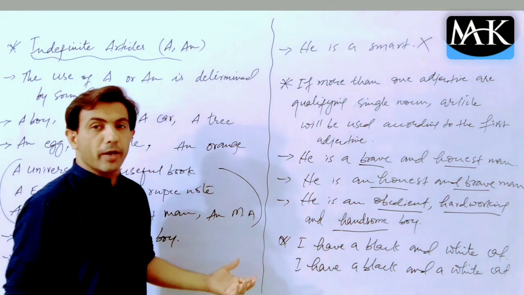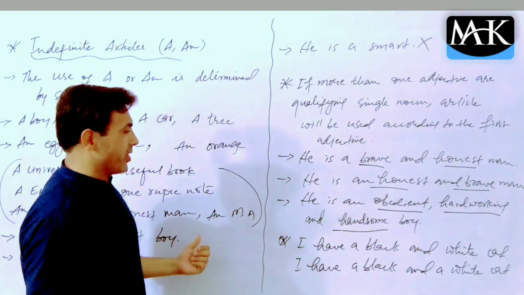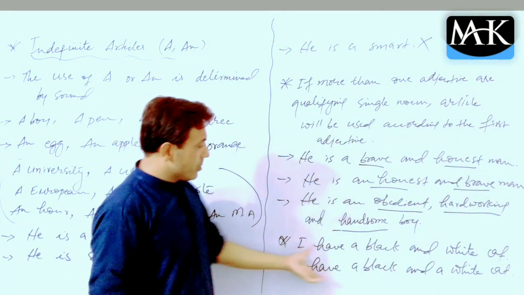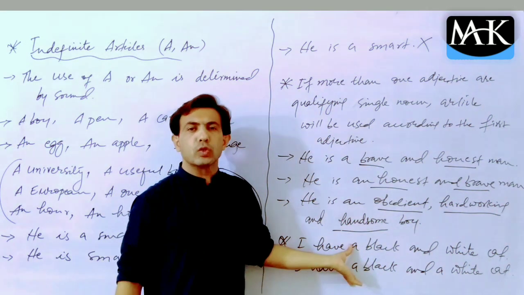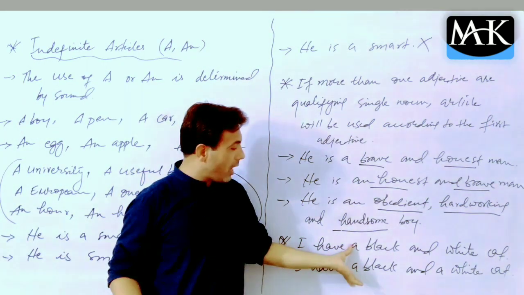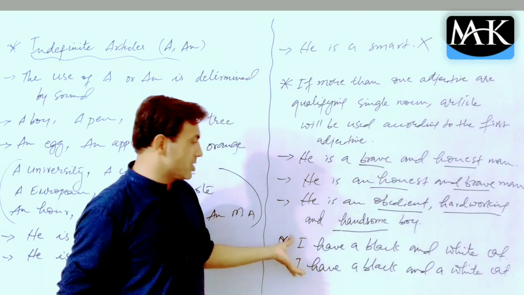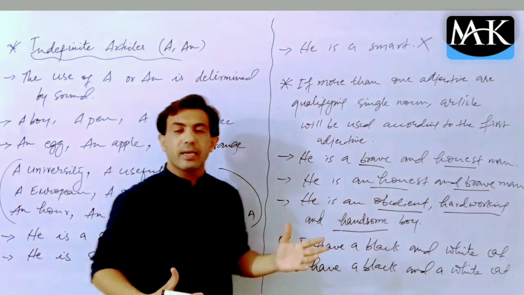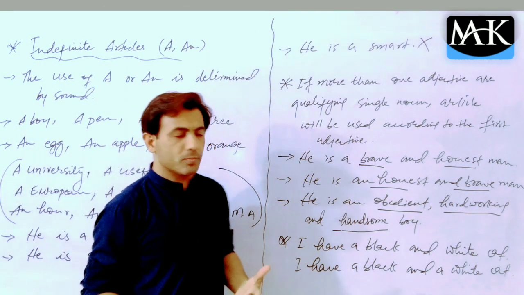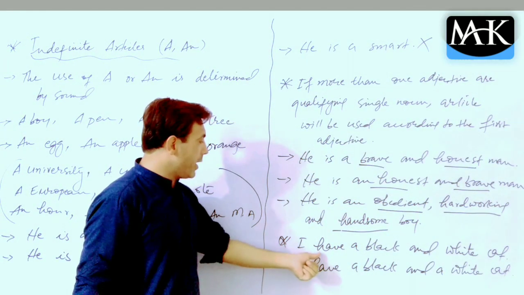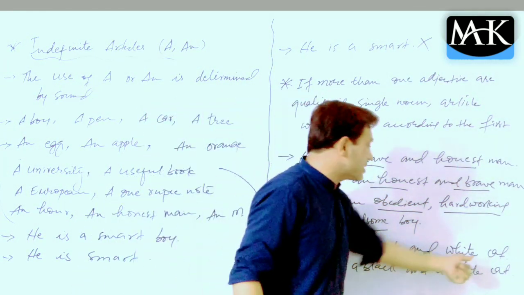Then we have another usage of the indefinite article. Here we have two sentences, and because of the articles, they give different meanings. Now, I have a black and white cat.